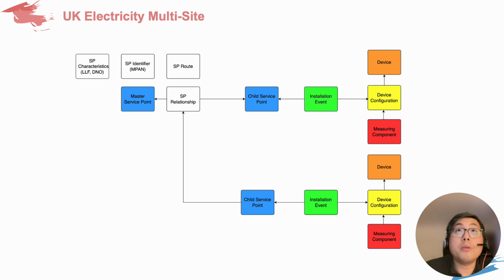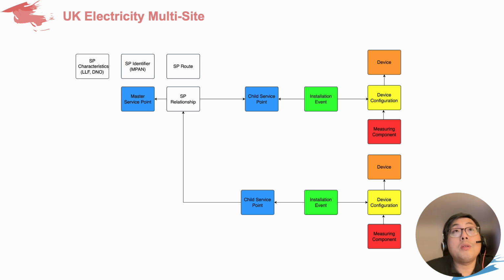So we call it a multi-site scenario. In those cases, because you only have one MPAN, you have to define a top level service point. Otherwise, you're going to have, say, two different service points on the same MPAN, which is very confusing.